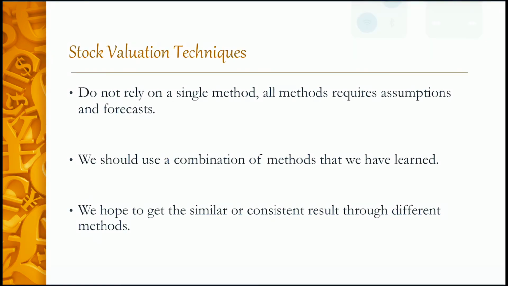So first, we should use scenario analysis and sensitivity analysis to come up with a range of estimates for each of the methods that we are going to use. And once we do that, we should use a combination of the methods that we have.